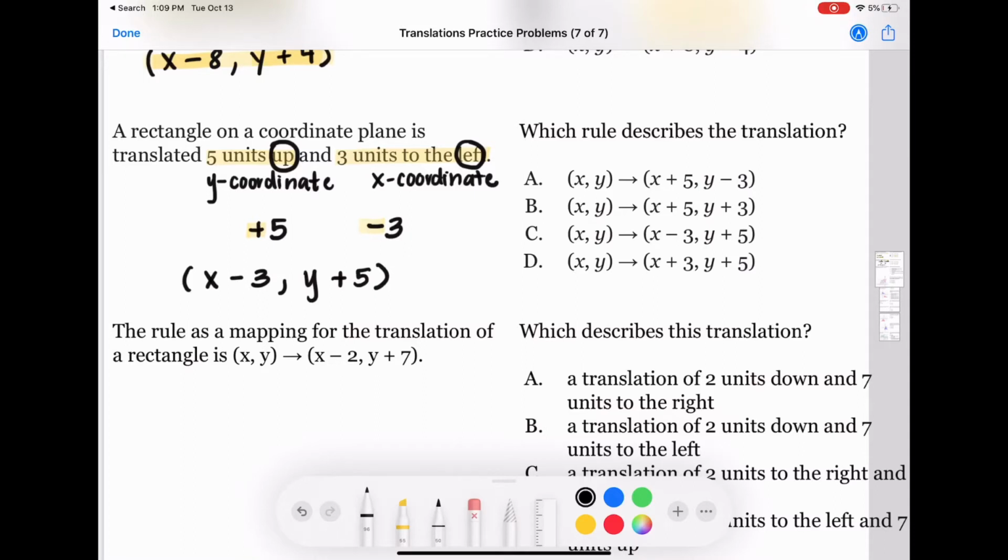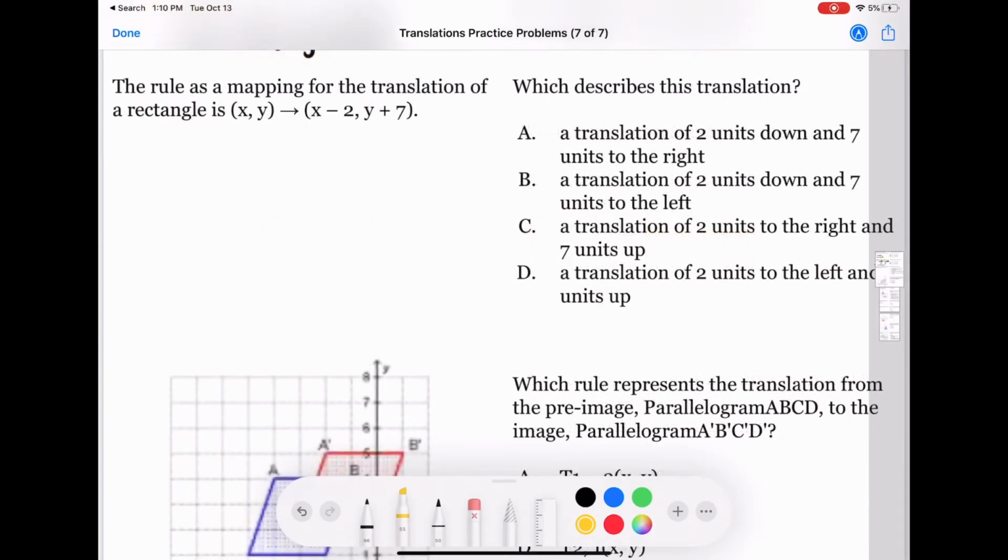Let's see which of our answer choices represents this rule. Answer is C. This is because this mapping rule indicates that x - 3 and y + 5.